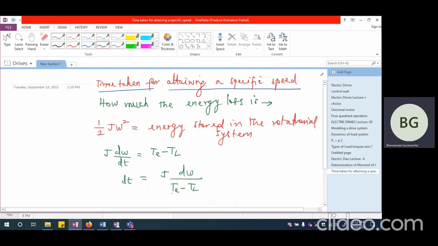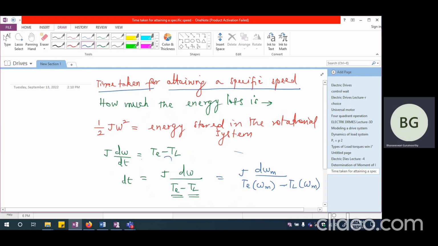Now, both Te and TL could be functions of speed, or TL could be a constant and Te could be a function of speed. So I can write this as J multiplied by d omega m divided by Te of omega m minus TL of omega m.